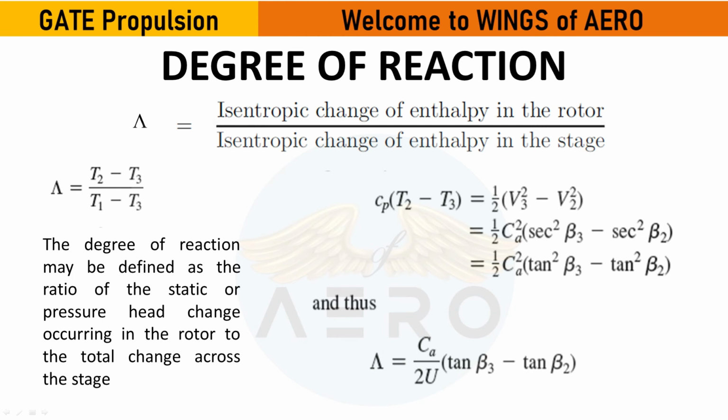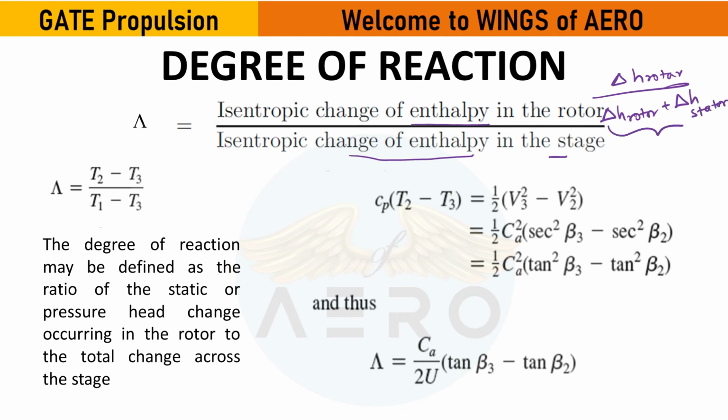Fine. So now comes the degree of reaction. Again, the degree of reaction plays a very important role. Same as what you have seen in the compressor, but here we take the change in enthalpy of the rotor by the change in enthalpy of the stage. Stage means change in enthalpy for the rotor plus change for the stator.